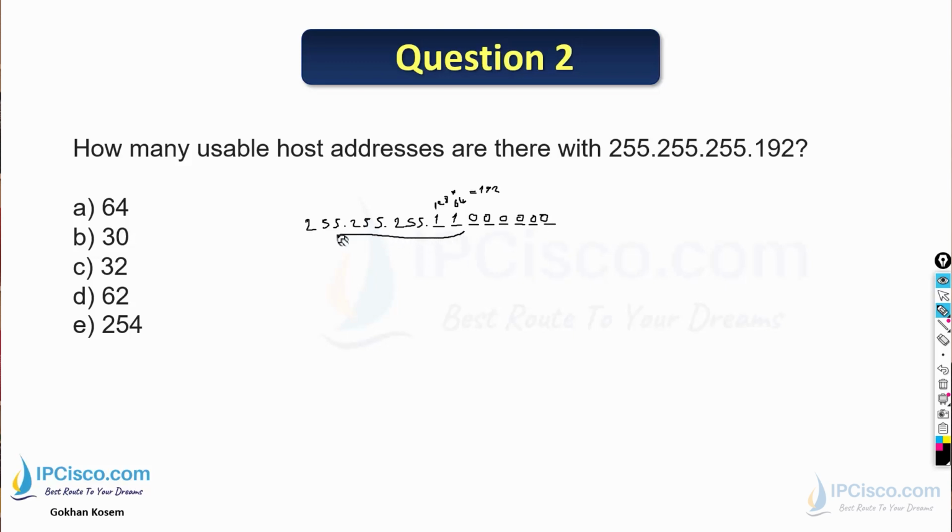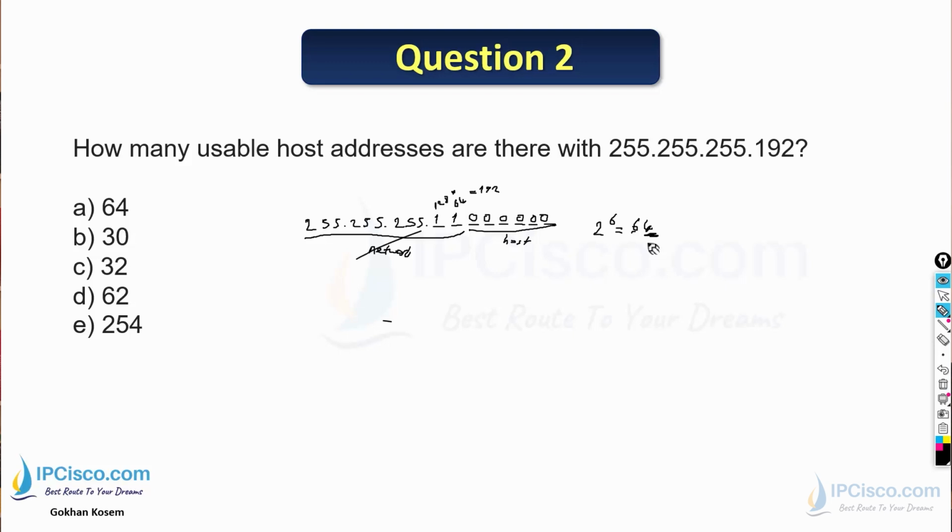So these parts are network parts, and these parts are host parts. So we have 1, 2, 3, 4, 5, 6 host bits. So 2 to the 6 is equal to 64 addresses.